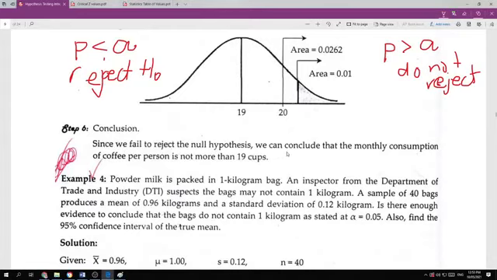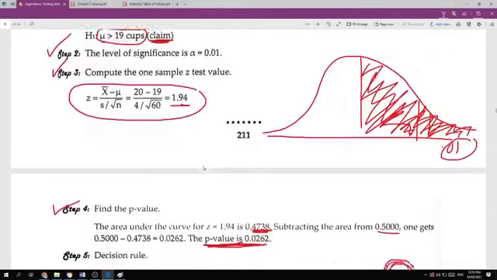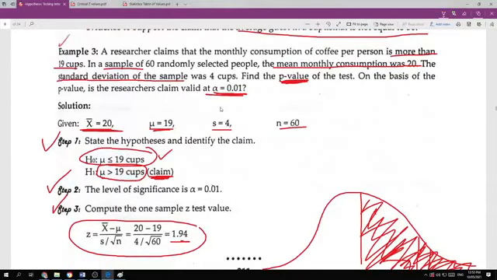So, we can conclude that the monthly consumption of the person is not more than 19 cups. Because the claim is, what is the claim here? The claim is more than.